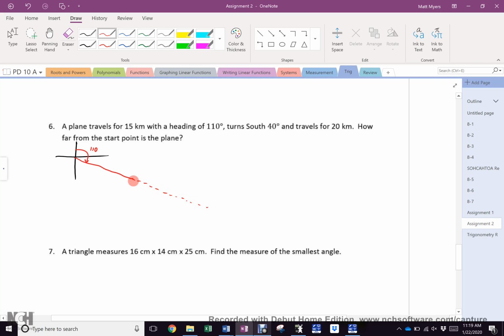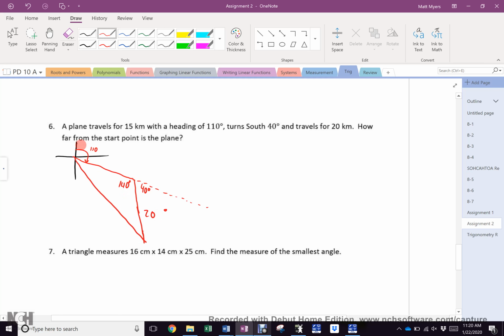But it turns to the south 40 more degrees. And then travels for 20. How far is the plane away? Well, if this is 40, what's the other side of that straight line? 140. And there is my cosine law.